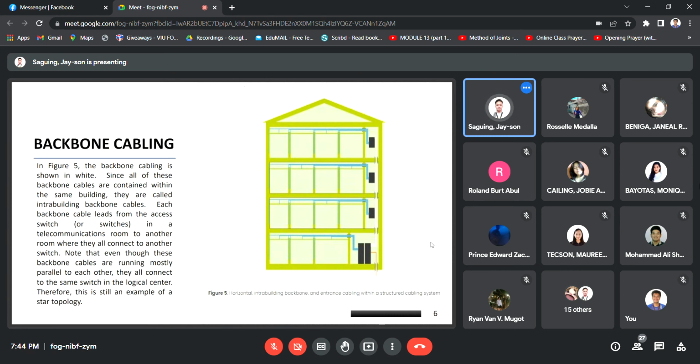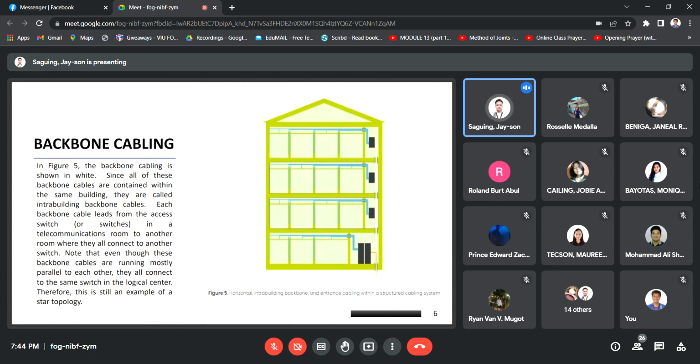While backbone cabling, in Figure 5, the backbone cabling is shown in white, on the right side. Since all of these backbone cables are contained within the same building, they are called intra-building backbone cables.